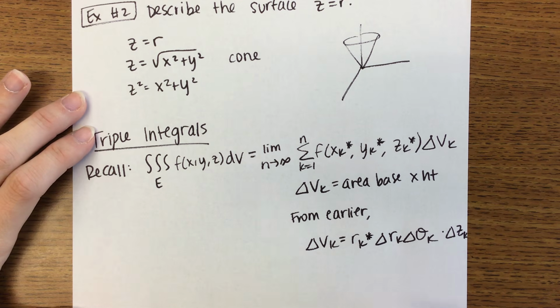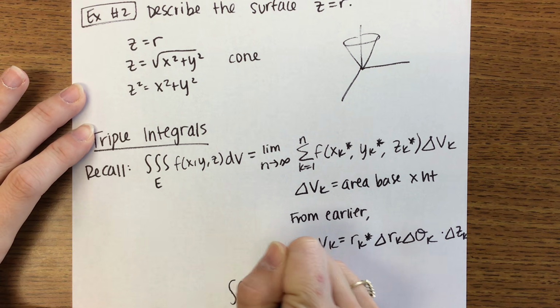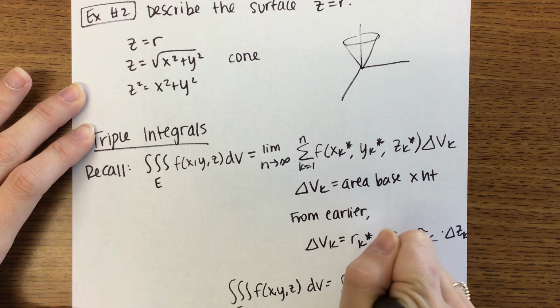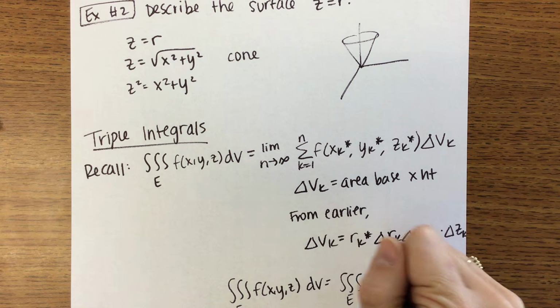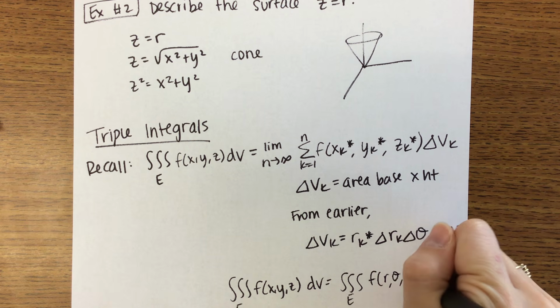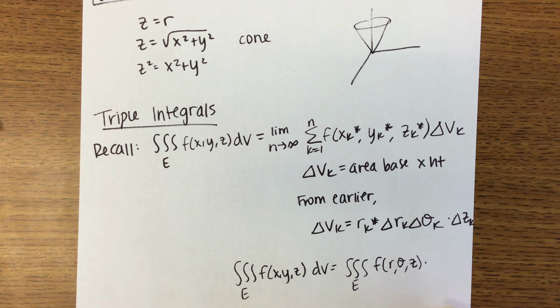Here's what that tells us then. If we are looking at the triple integral over some solid E, if I convert this to cylindrical, so I have my function now in terms of r, theta and z. Do you remember what you had to do when you were doing a double integral and you converted to polar?